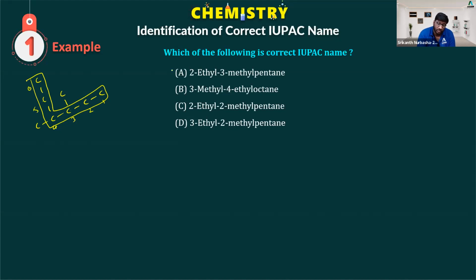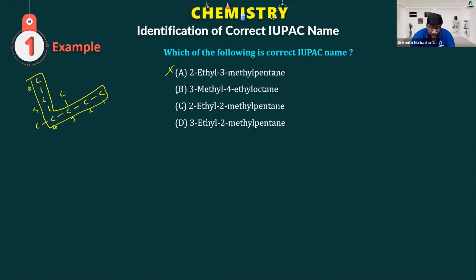You cannot have this compound. Are you getting this name? If it is 2-ethyl-3-methylpentane, you will have this structure, 1, 2, 3, 4, 5, and on the second position you have ethyl, and on the third position methyl. But if you look carefully, the parent carbon chain itself is differing. So A is not the correct name.